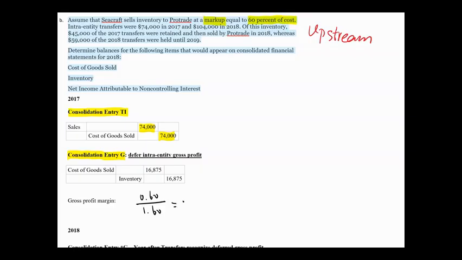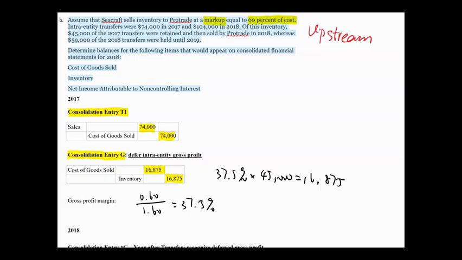This equals 37.5%, and then we use 37.5% times the remaining inventory at the end of 2017. That's going to give us the amount of the deferred gross profit, and that's how we get the amount for this entry.